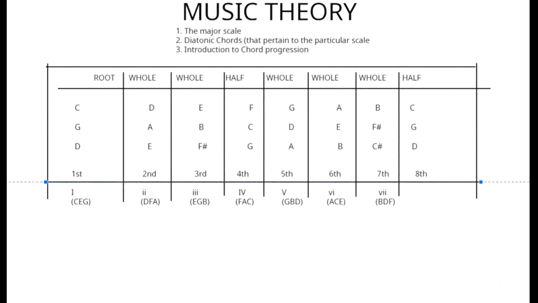Now this line lets us know that what's below it are chords. Alright, so above we have scales. First we have the C major scale.